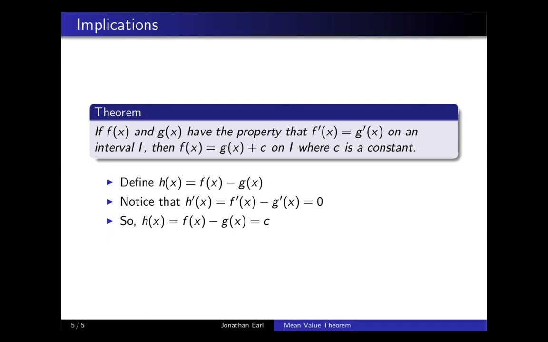Well, because we said that f prime and g prime are the same thing, the derivative of h is just 0. So if h prime is 0 everywhere, that means that h has to be a constant from what we just said. So it tells us that f minus g is a constant, so just the two functions differ by a fixed constant.